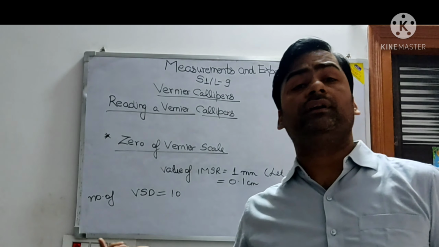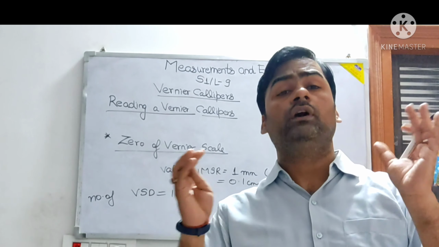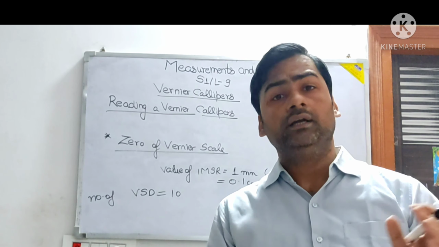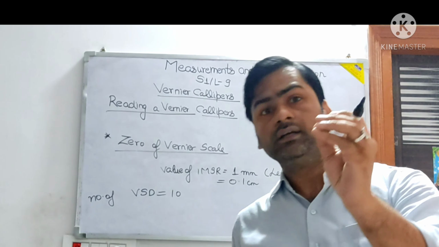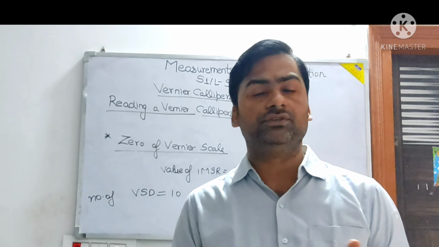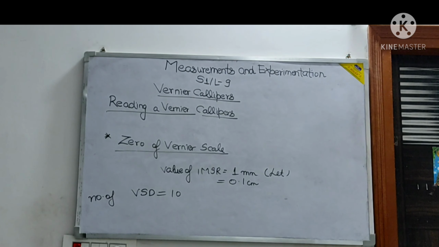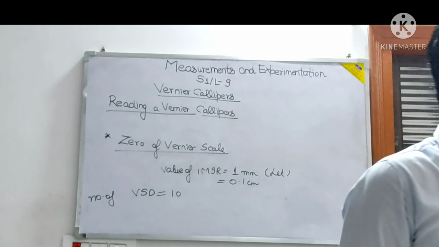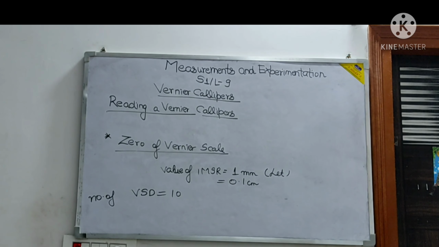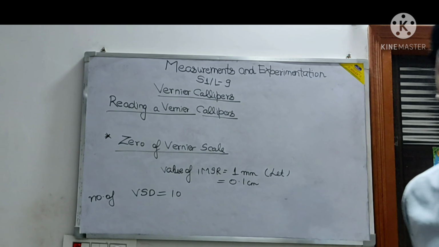The number of vernier scale divisions may change from vernier to vernier, depending on the vernier calipers used. For example, I will read from your book only. In your numericals, on page number 21, a vernier caliper has 20 divisions which coincide with 19 divisions.